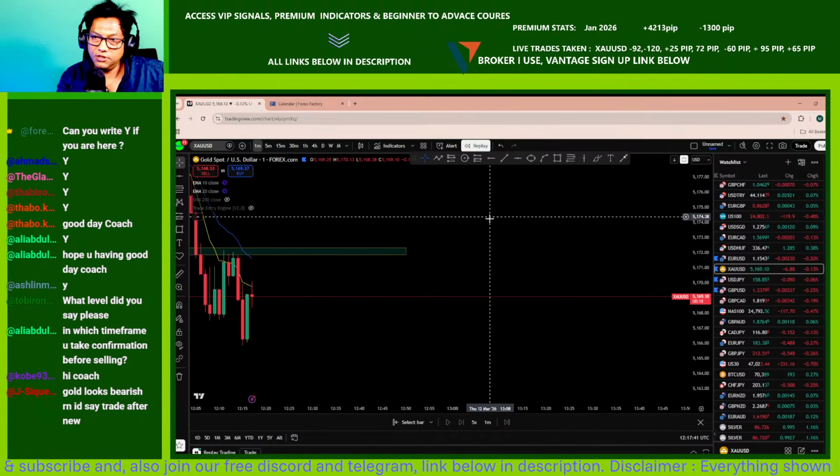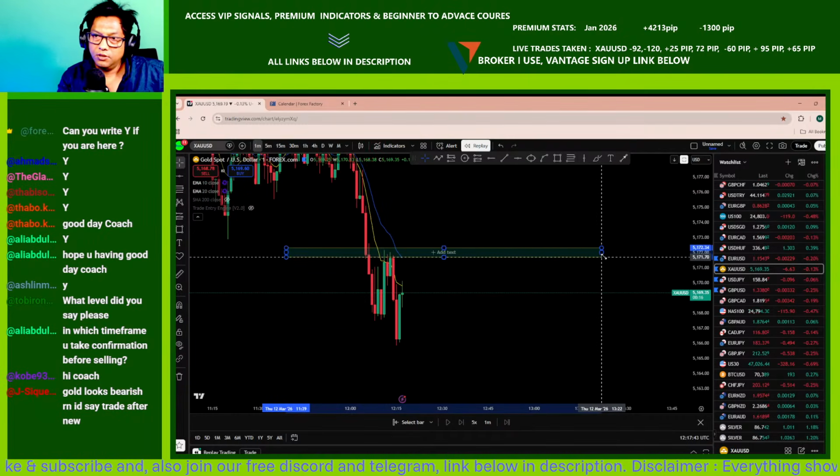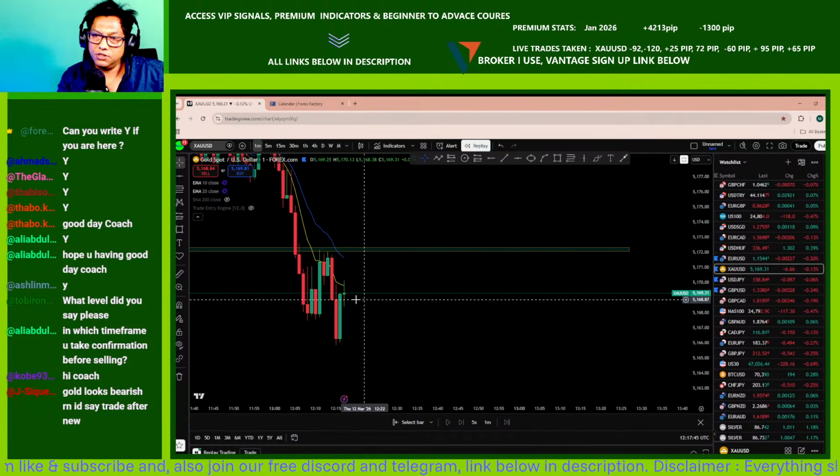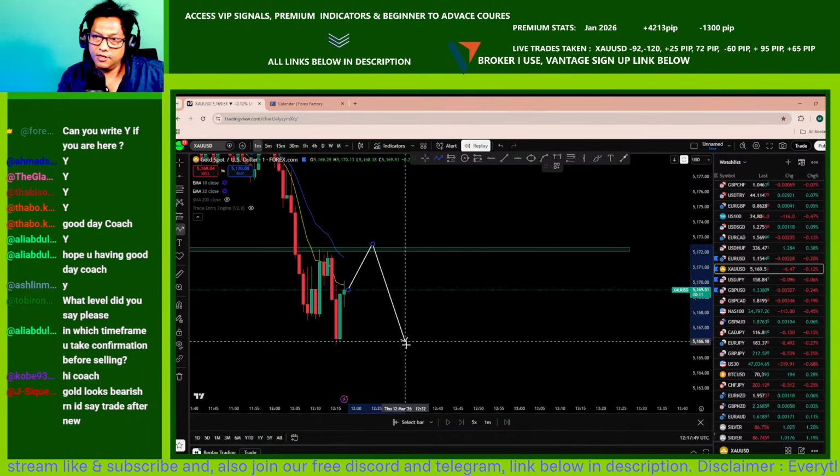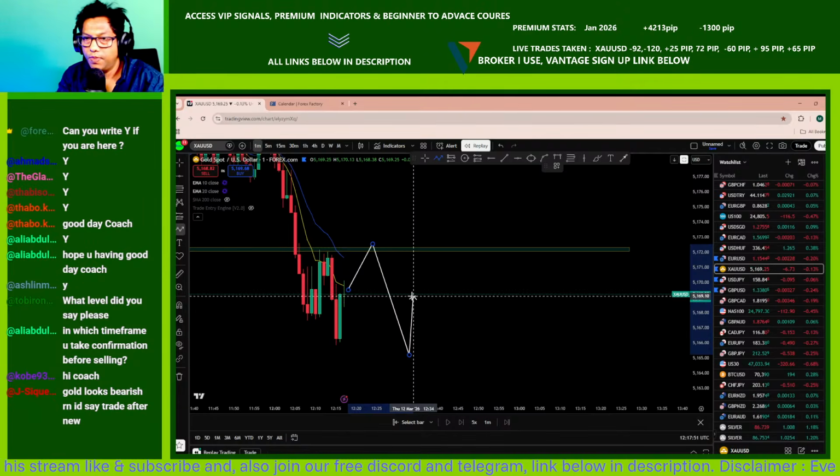Here's the resistance line that you can see. Okay, so with this resistance, I'm expecting the market to go ahead, cross this high and then return again back below.